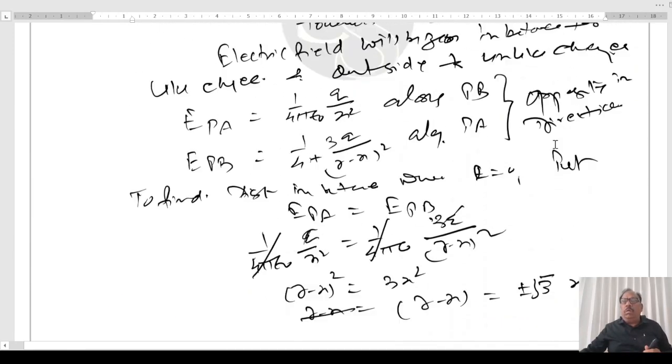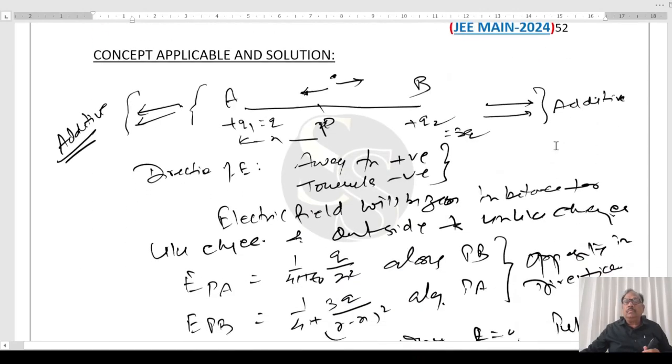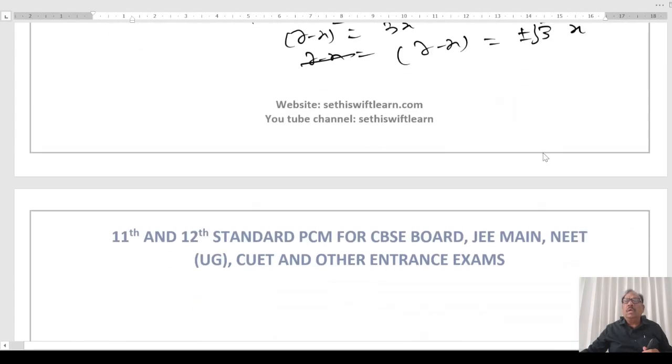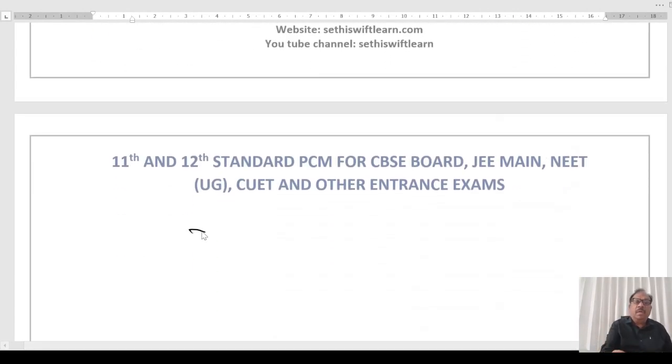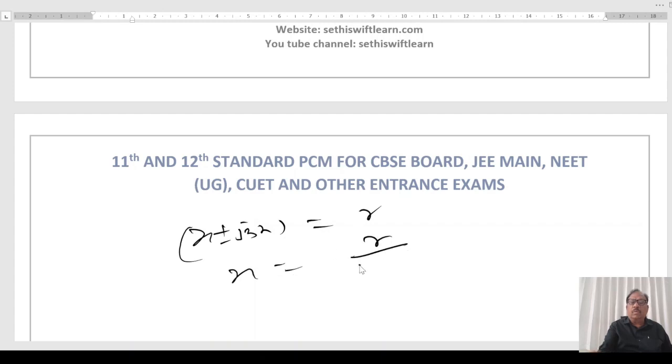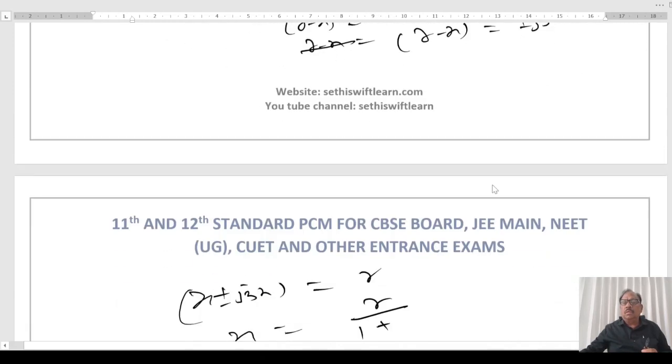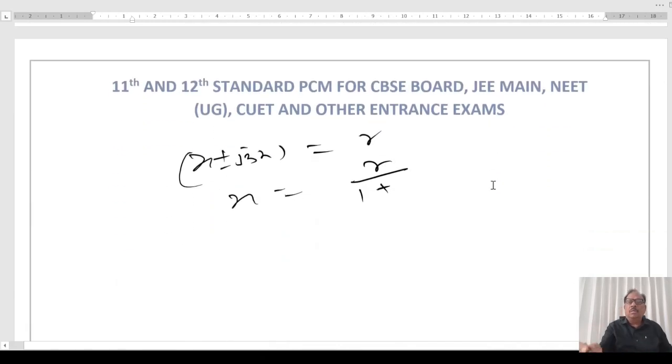Then we get x plus minus root 3x equal to r. So x comes out to be r upon 1 plus minus root 3, right?